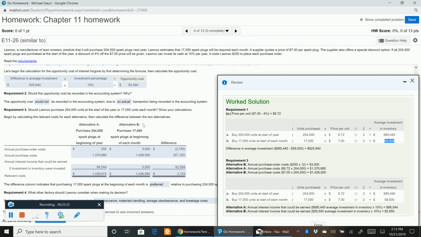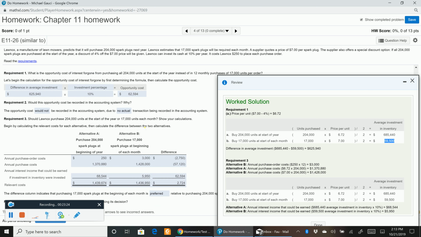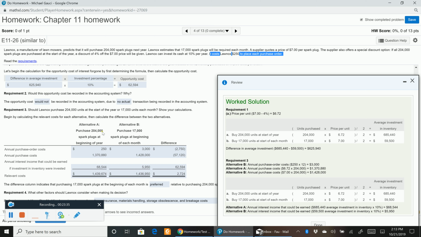Okay, and the author is saying here, I should have read this up here, and let me highlight it so you see it. It costs Lonnex $250 to place each order. So if I only place one order for the whole year and I buy all 204,000 at the beginning of the year, my one purchase order price is $250 plus the annual purchase costs.